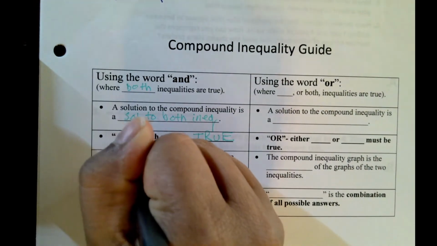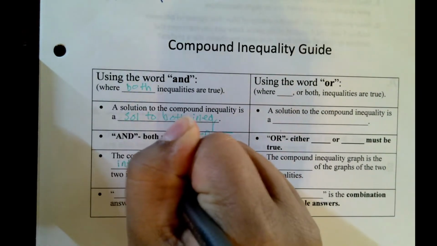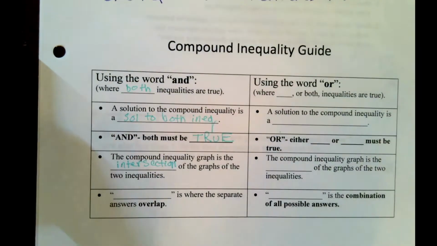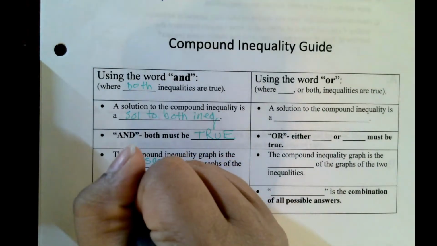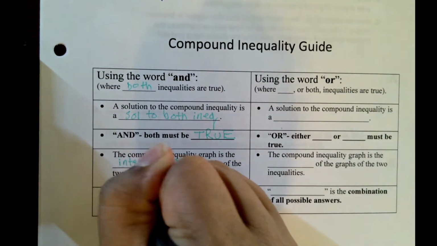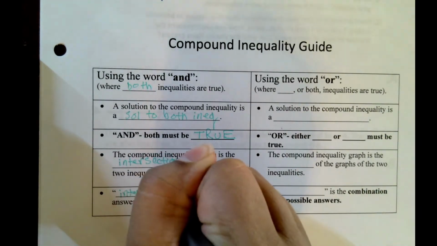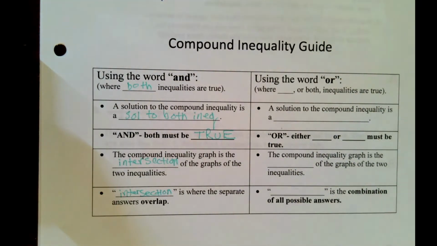So it's going to be where the two solutions to the different inequalities meet. This intersection is going to be the overlap of our answers. So I want you to think both are true. It's called an intersection.